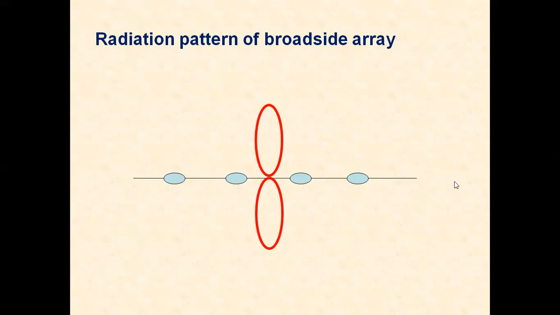There are minimum radiations along the array axis. So it produces maximum radiation perpendicular to the array axis. The elements are placed equally spaced. This is the array axis. Perpendicular to the array axis, there is maximum radiation.